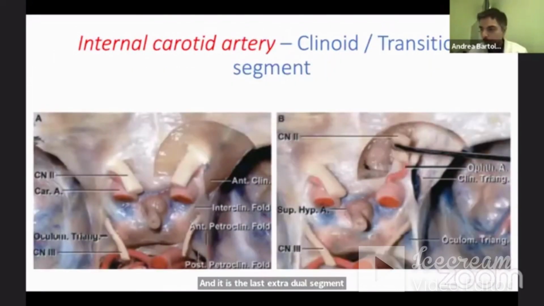We can see a microsurgical image of the clinoid or transitional segment of the ICA. Neurosurgeons know this segment and this anatomical region well because they have to perform an intervention on the anterior clinoid process for treating an ophthalmic aneurysm, an aneurysm of the ophthalmic tract of the ICA.